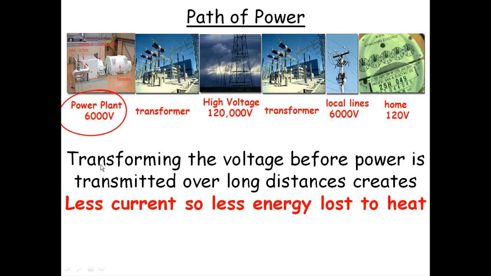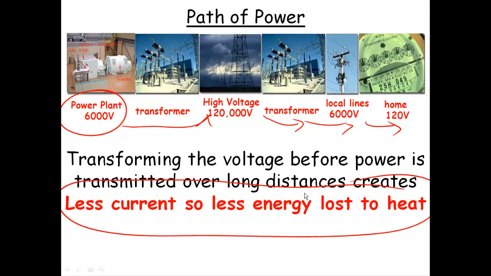Our power plant produces a certain voltage. We use a transformer to step up the voltage, send it across country, and then come back towards your house where we drop it down to something that your house uses, somewhere between 110 and 120 volts. So that's the whole purpose for those transformers. So we can send power long distance without losing a lot of electricity in the form of heat.